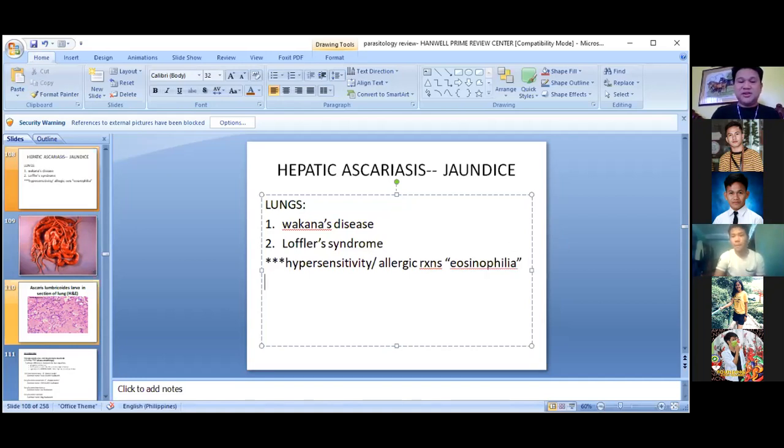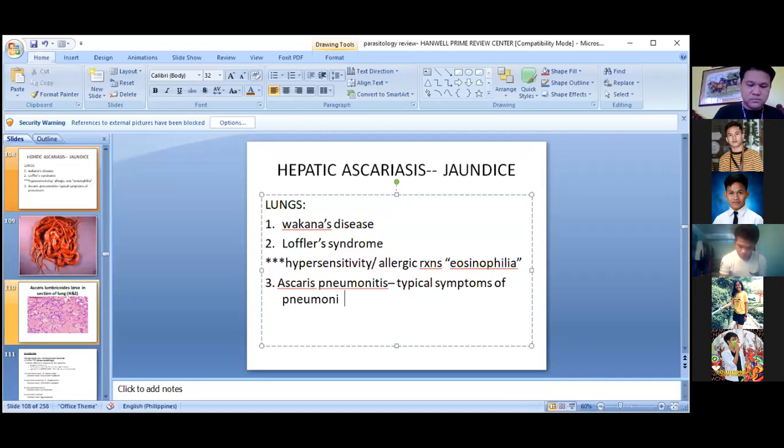The third disease here is known as Ascaris pneumonitis. In terms of Ascaris pneumonitis, please remember that it is a typical pneumonia. I think you know exactly the typical symptoms of pneumonia, but no hemoptysis.